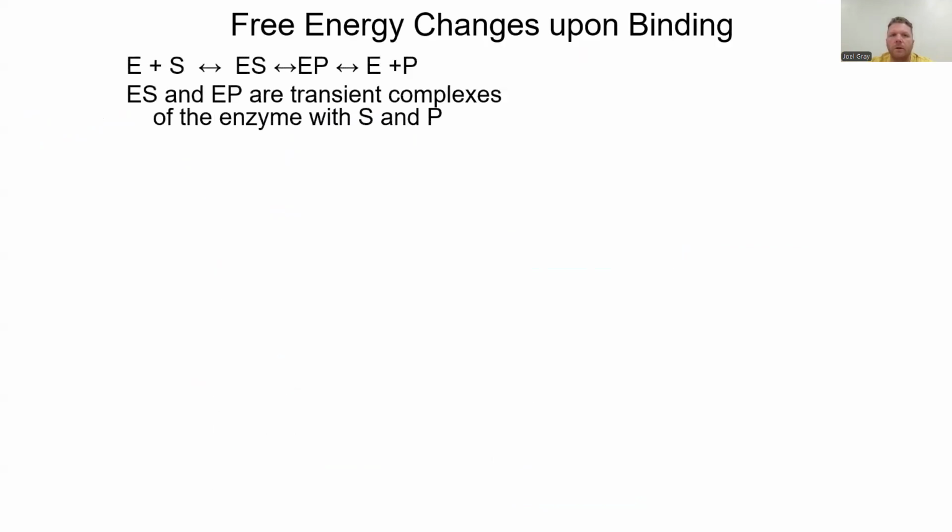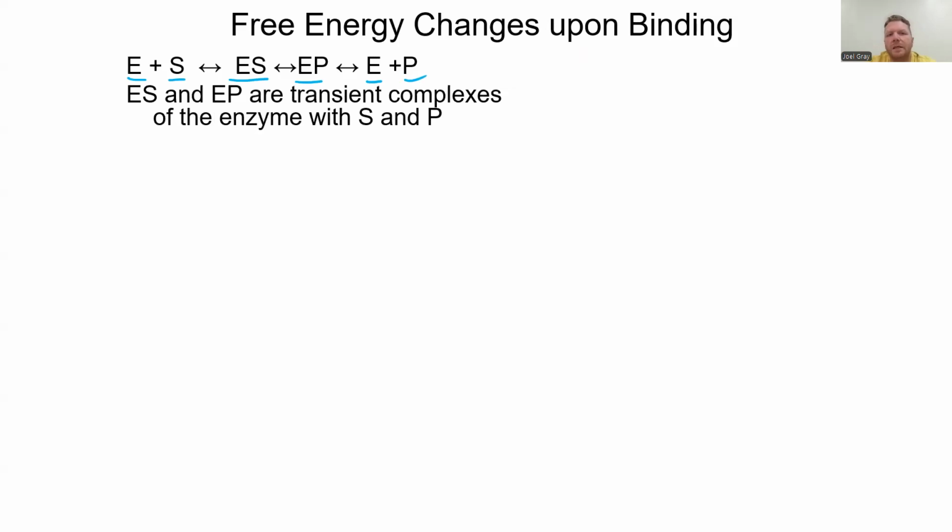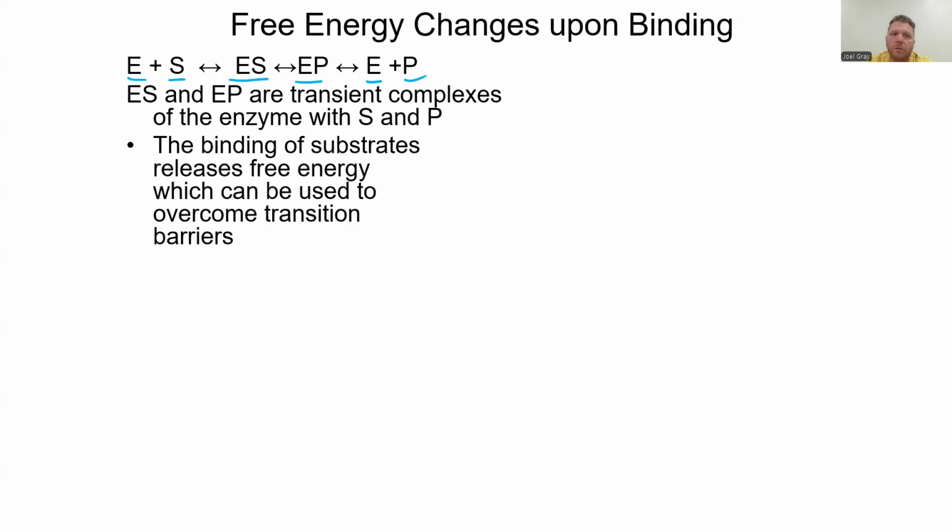Now, this terminology is what's known as Cleland notation. E stands for enzyme, S is our substrate, and ES is the enzyme substrate complex. We have a reaction take place where we have now an enzyme product complex, then our free enzyme and our free product are released on the other side of that reaction. ES and EP are transient complexes of the enzyme with the substrate and the product.